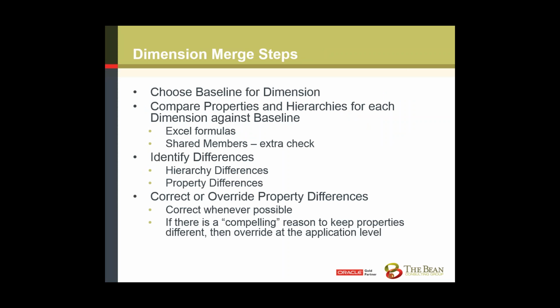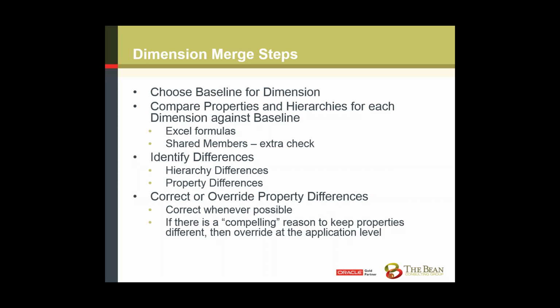Let's take the account dimension as an example. We chose one of the applications to be our baseline, and in our case, we chose one of the planning applications as our baseline for the account dimension. We then compared that baseline dimension, hierarchies, properties, everything, against all of the other account dimensions from each of the other applications.